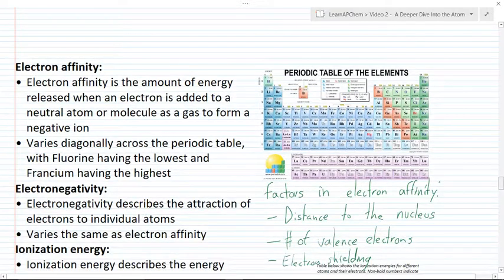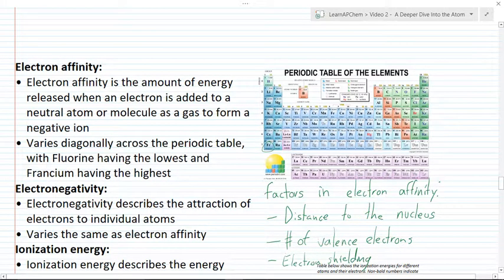Francium's outer electron, it only has one, so it only needs to lose one to achieve its octet. So the number of valence electrons is a factor. This electron is very far from the nucleus and experiences a lot of shielding.